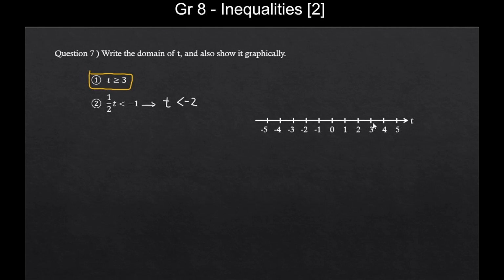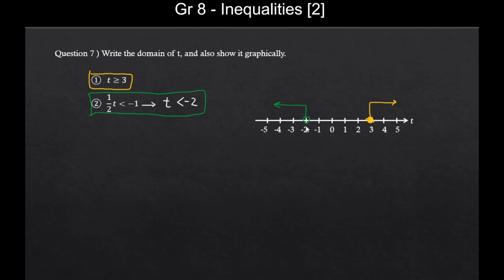So t is greater than or equal to 3, so I should color this 3, and we should go toward the right. Now using the green color for the second inequality, t is smaller than minus 2. We should not include minus 2 because there's no equal sign, and it should go toward the left. Make sense?